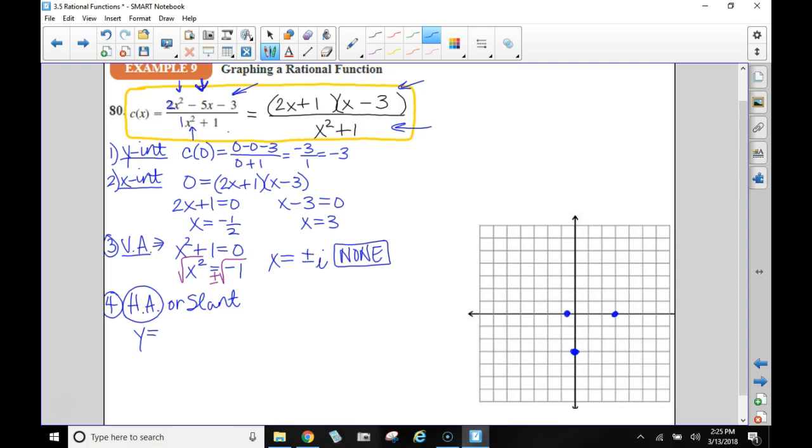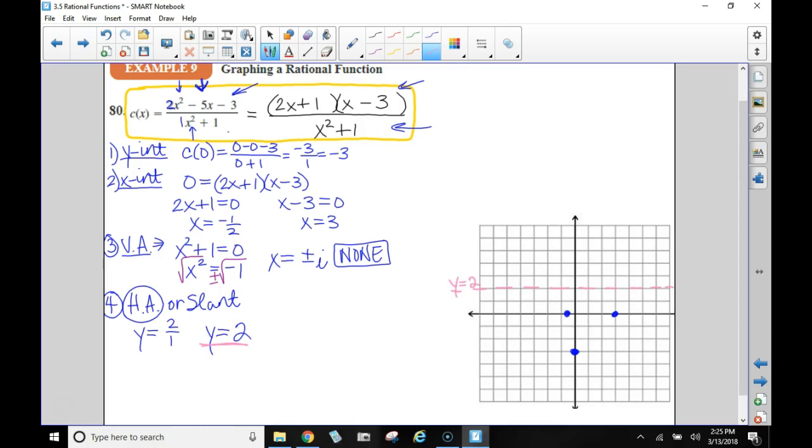So you see it's going to be y equals 2 over 1. Those are the coefficients of the x squared terms. And so we're going to have a horizontal asymptote at y equals 2. So let me dash in that horizontal asymptote at y equals 2.